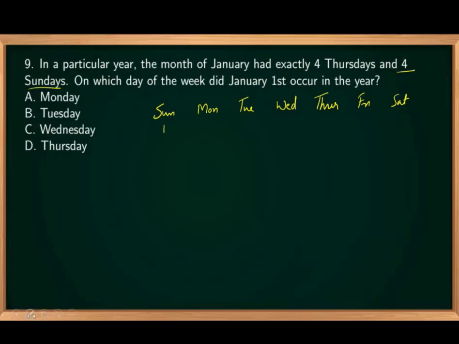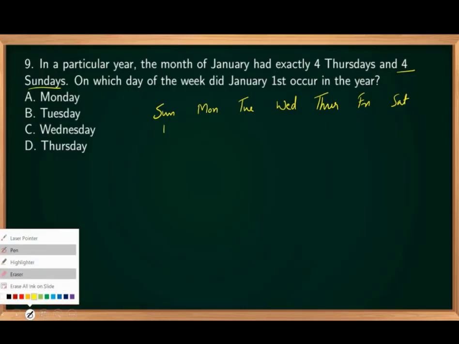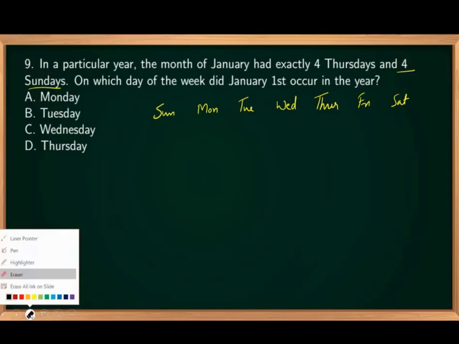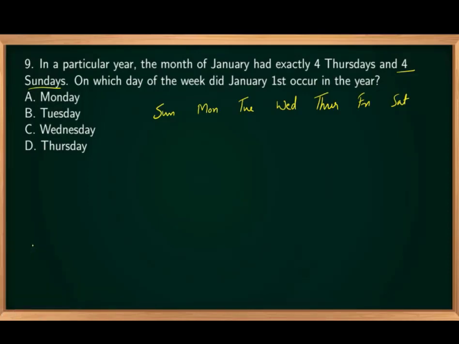So I am sure 1st January is not Sunday. So I take 1st January as Monday. Then if Monday, our Sundays will be only 4. That I am sure.